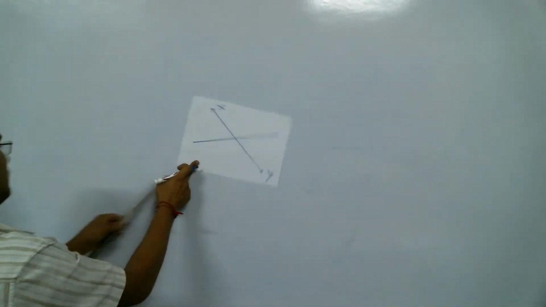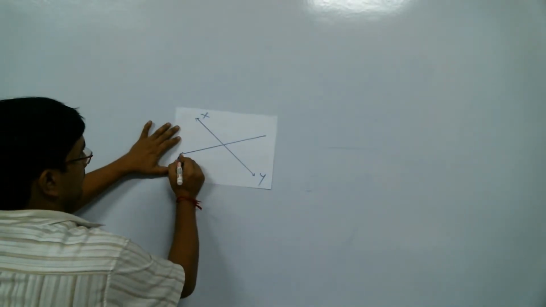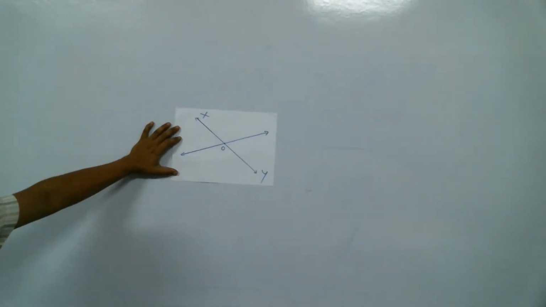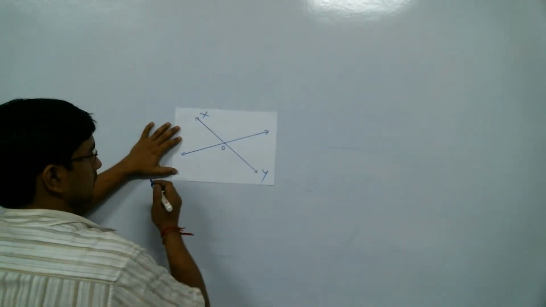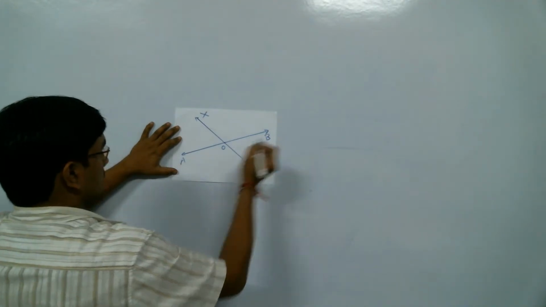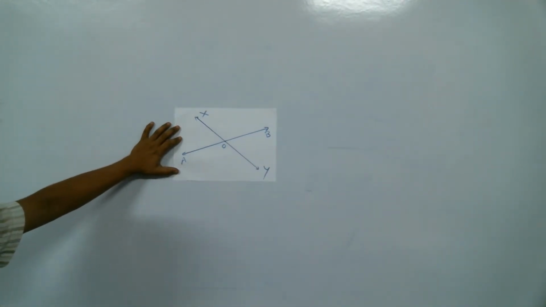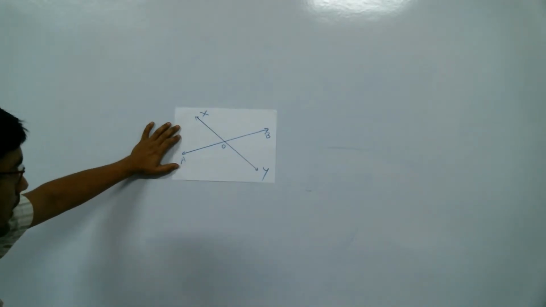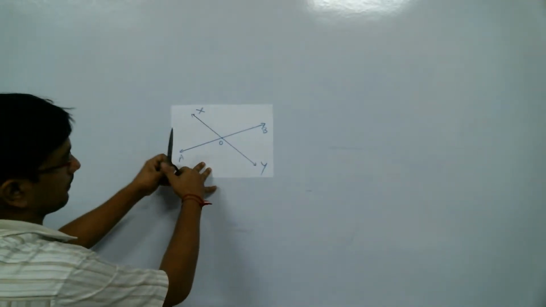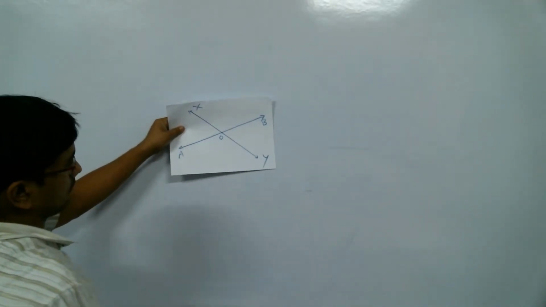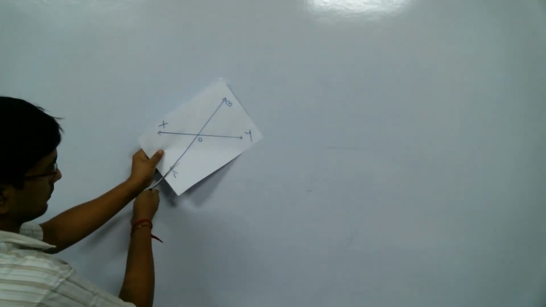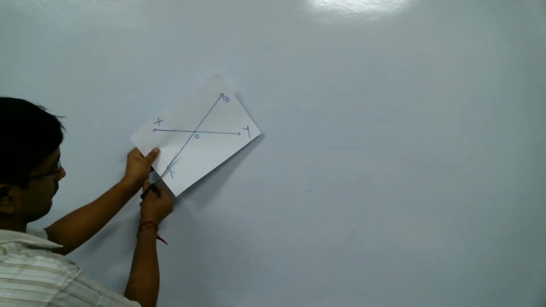This is another line. Now point O. Now I should name it, suppose AB. We can give any type of name. Now, with the help of scissors, if I just cut one of the angles here, suppose this one, here if we cut it.